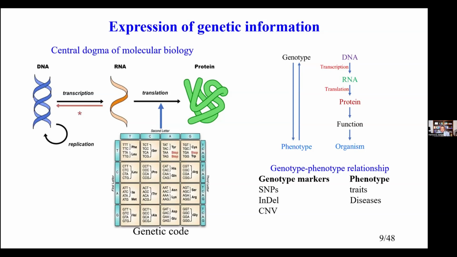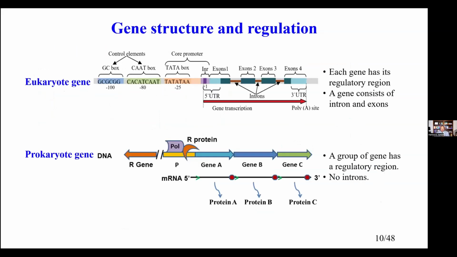All these contribute to the diversity between individuals within the species, and that leads to phenotypes. So there is always a link between genotype and phenotype, which can be a shape or trait, or maybe a disease or condition or anything like that. Okay, so this is the link.